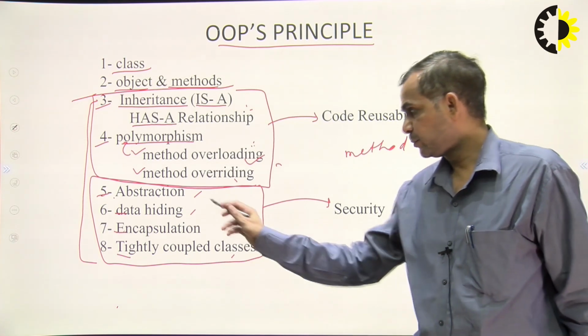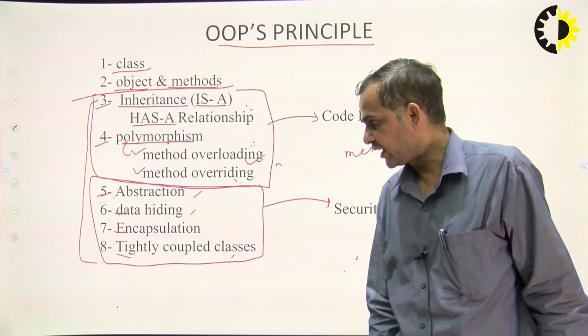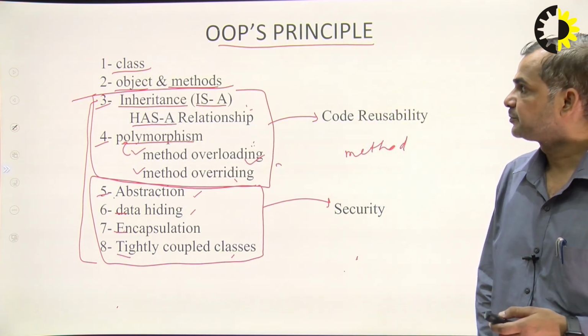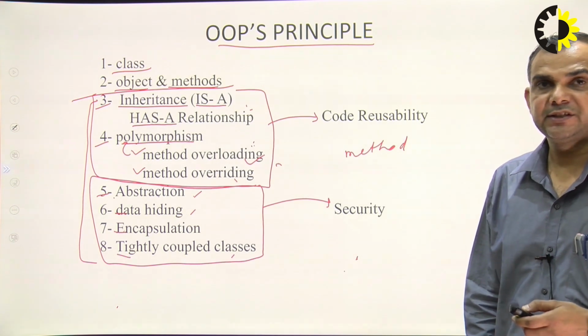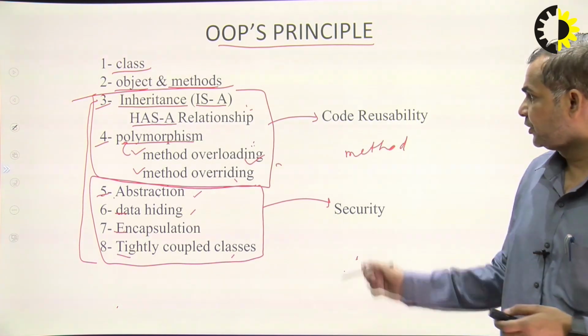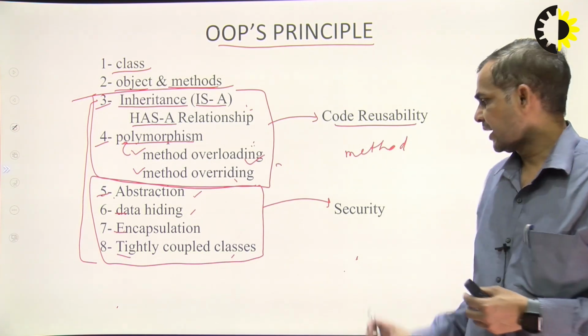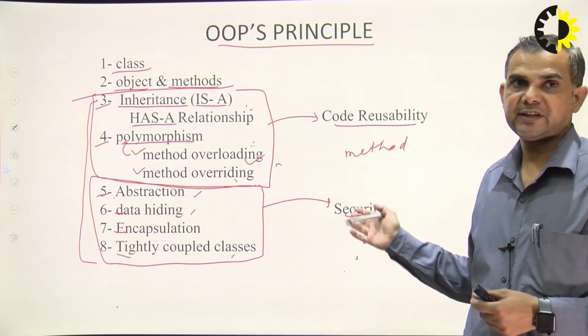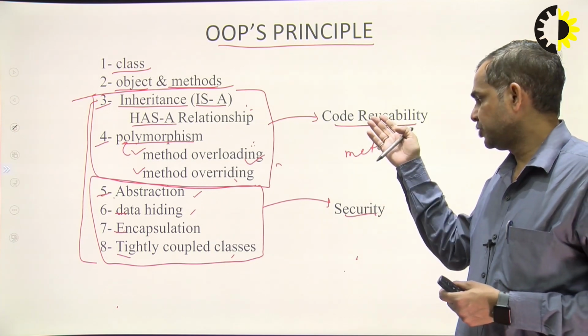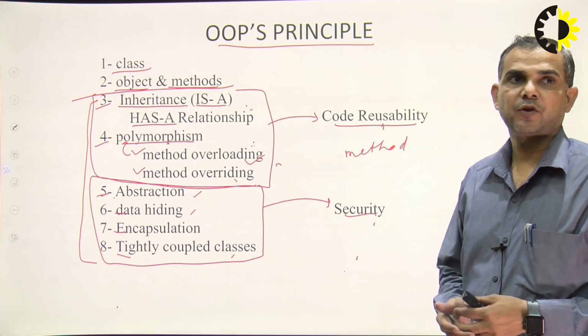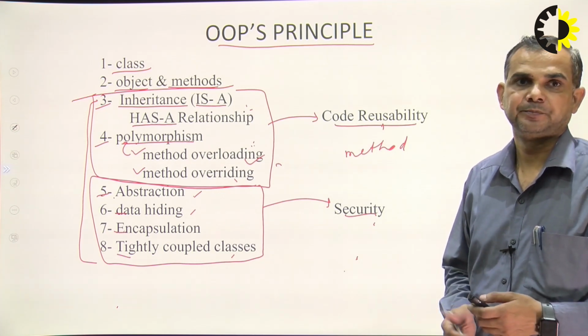And there is another principle, that is abstraction, data hiding, encapsulation, and tightly coupled classes. Okay, these are the main OOPS principles, and for these our main two purposes are code reusability, and second one is security, or we can say that for code reusability and security we must know these points from 3rd to 8th.